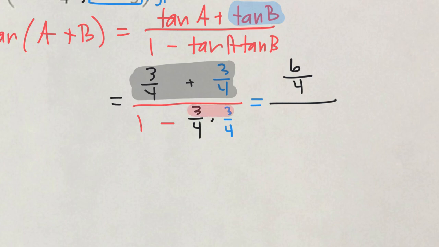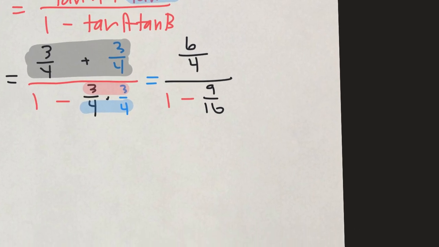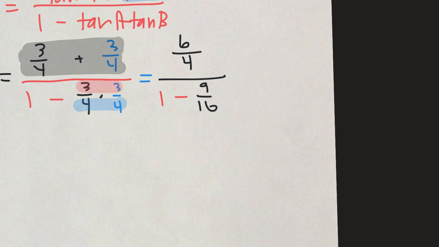What is 3/4 times 3/4? 3 times 3 is 9. 4 times 4 is 16. So I'm looking at this 6/4 divided by 1 minus 9/16.